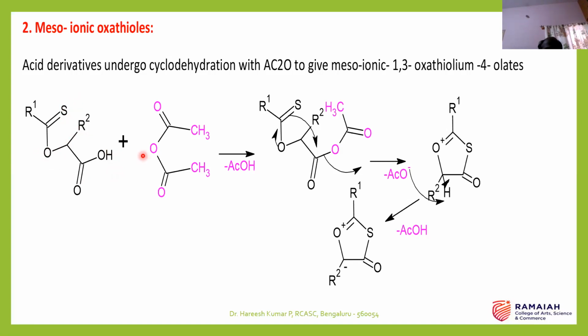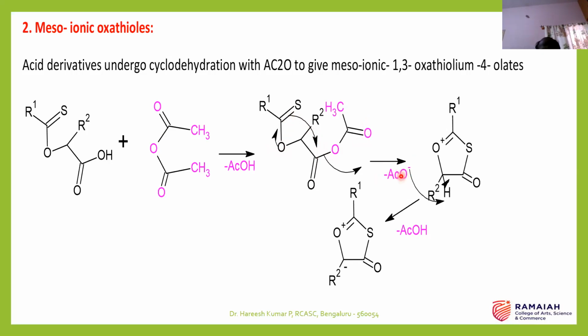So as usual, the lone pair present on the oxygen can react with this carbon. There will be a new bond formation between this oxygen and this carbonyl carbon, and this moiety is going out as a byproduct. So that is how an intermediate is formed like this. So oxygen also has a lone pair. That lone pair can come over here, and this bond pair attacks this carbon, and this O acetoxy will go out as a byproduct.